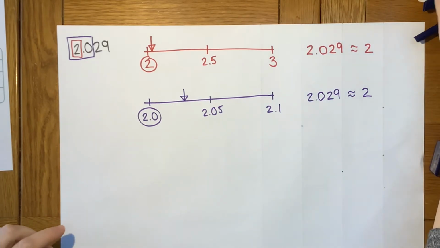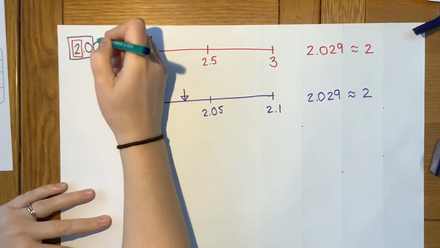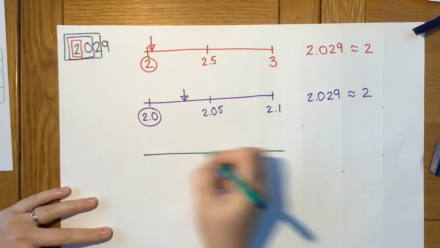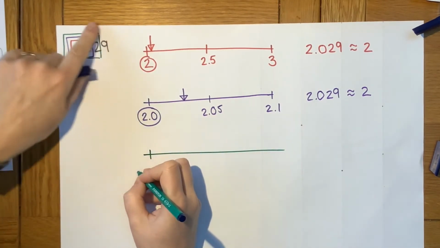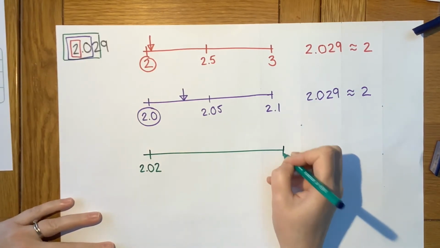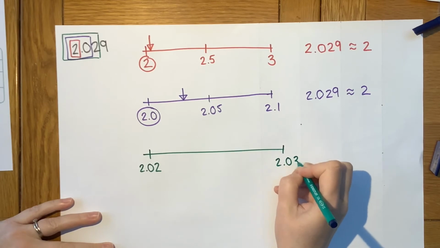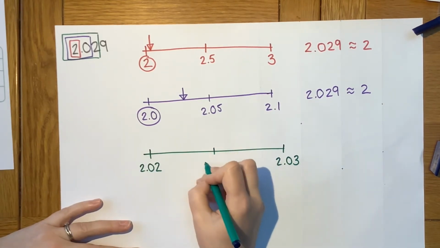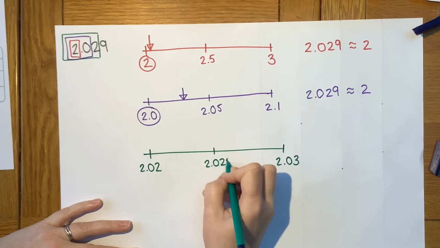Okay, now when we round to the nearest hundredth, my rectangle is going to get even bigger. So the bit in the green rectangle is what I'm writing at this end, 2.02. We're going in hundredths, so the next hundredth after 2.02 is 2.03. Then we're going to mark the halfway point, 2.025.